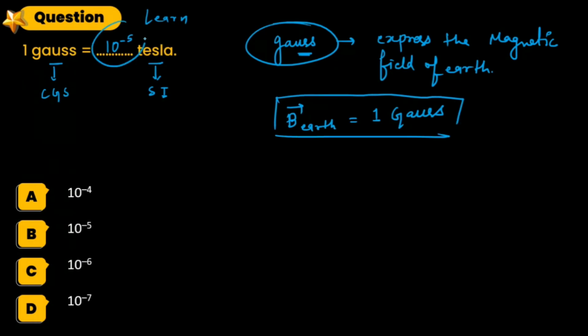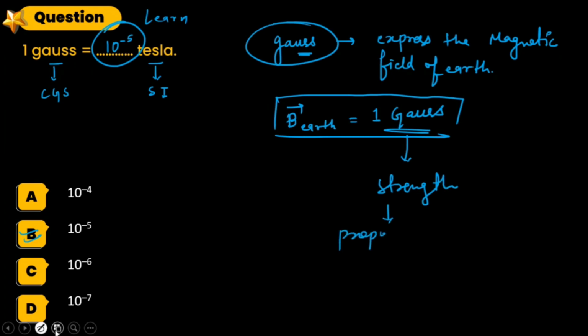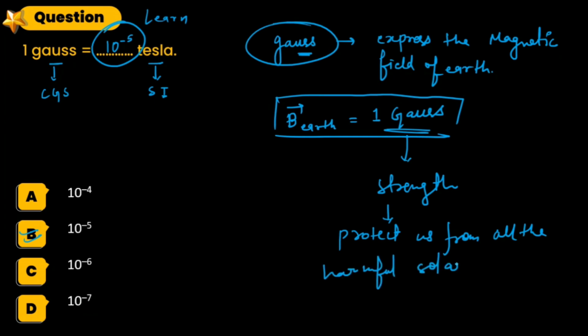So you can see it is not that much in number, but it is enough. This is of enough strength that it can protect us from the harmful solar flares, from all the harmful solar flares that actually come from the sun.